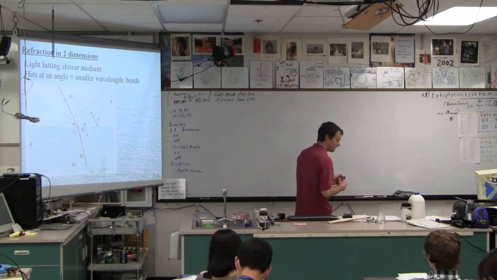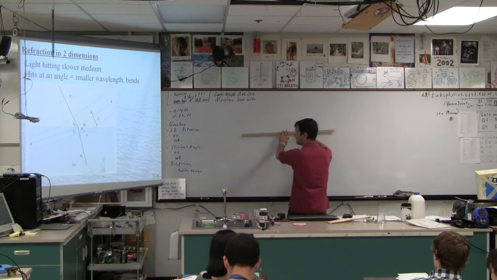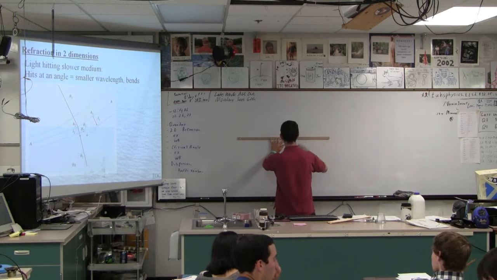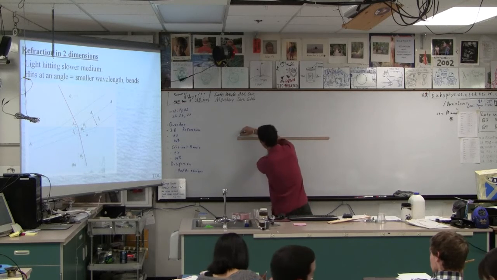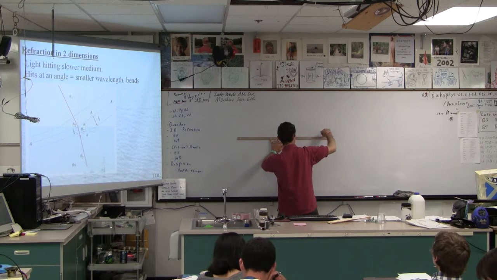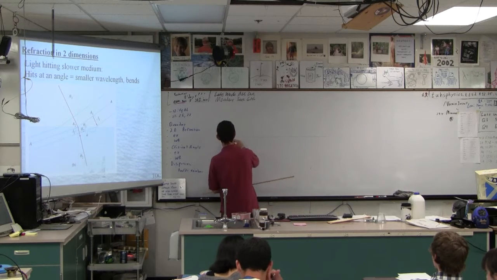Okay, so let's draw the surface of some medium. Draw it very carefully, and we'll just make the slower medium be on the bottom, so it's like going into water. Okay, so this is slow. Slow, by the way, is small wavelength.